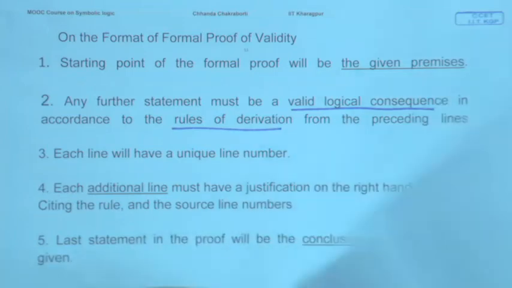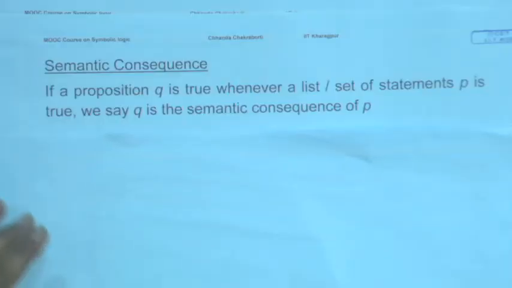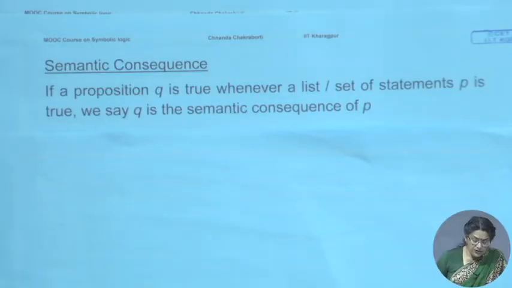Okay. So, this is what is going to be the format of the formal proof of validity. Why we are doing it like this, we will try to touch upon the concept of semantic consequence. See, if a proposition Q is true whenever a list of statements or a set of statements P is true, we say then that Q is the semantic consequence of P. All right.